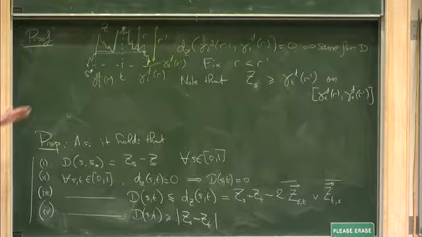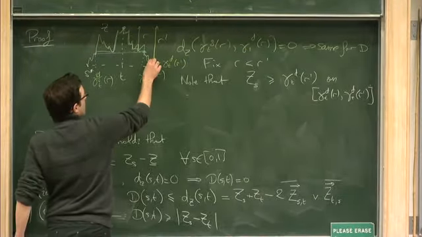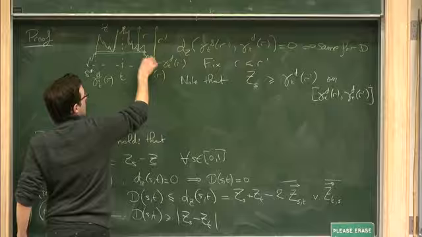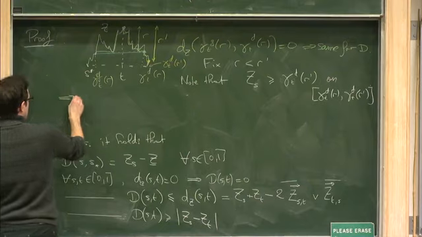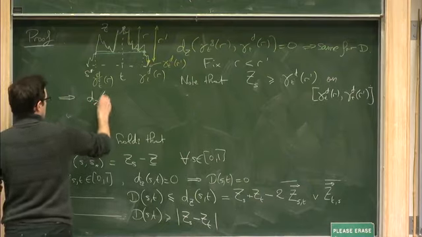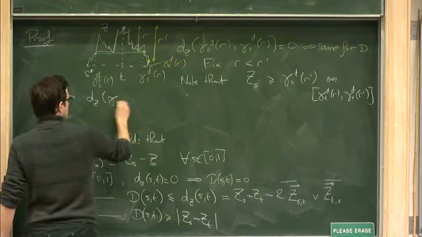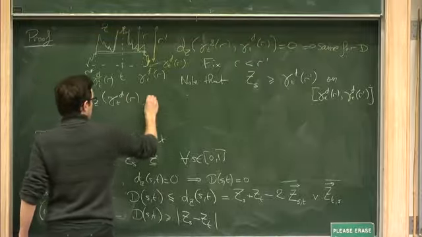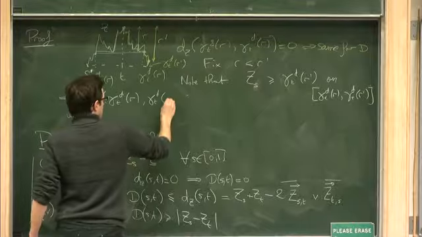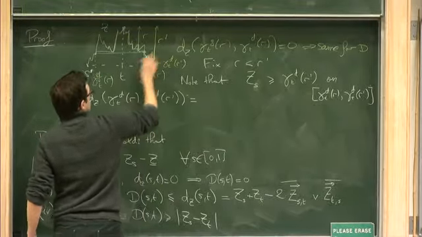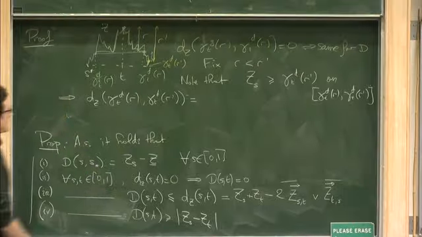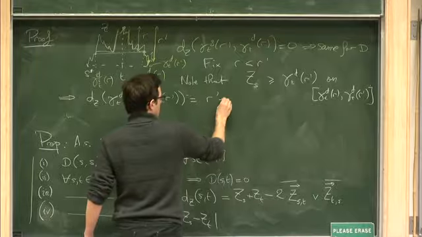It's just the fact that this is the first time I achieve this value, so before that I have to be bigger than that. And then this implies clearly, I'll let you see the details, that the distance between gamma t d of R and gamma t d of R prime is in fact equal to R prime minus R.